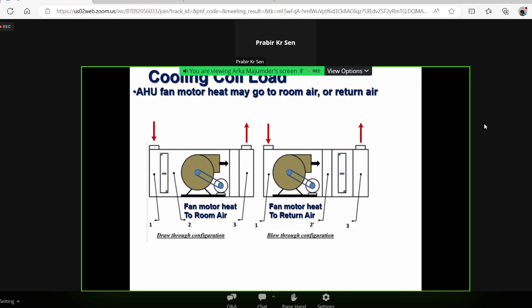So you must know what kind of cooling coil you are using. So better to use blow-through configuration of the cooling coil, because why unnecessarily take the fan motor heat in the room air, which means it has to be taken out again by supplying some extra amount of cold air.